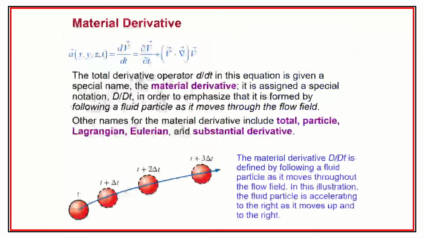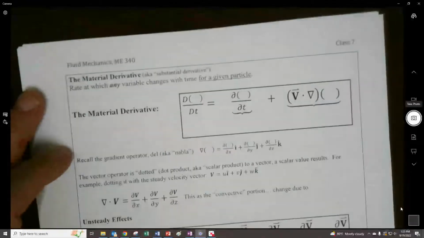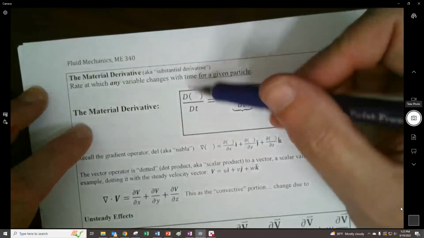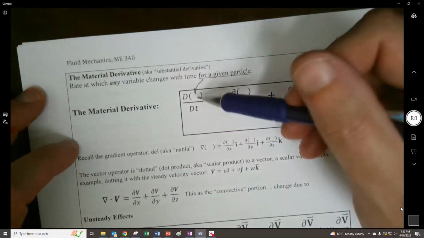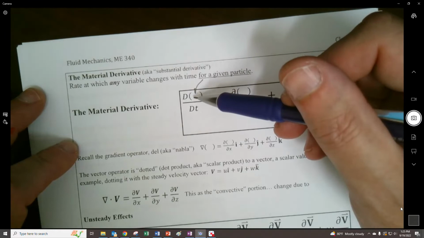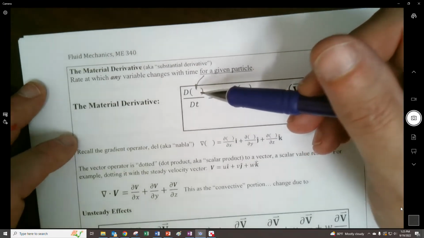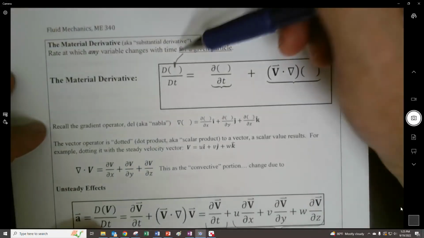So let me see. I want to talk about the material derivative of something. We want to try to get the entire derivative of a thing. So we have this something we call the material derivative. And moving on to my notes here. So the idea is if we want to take the derivative of something with respect to time, that thing might also have changes in its location and its distribution with location.